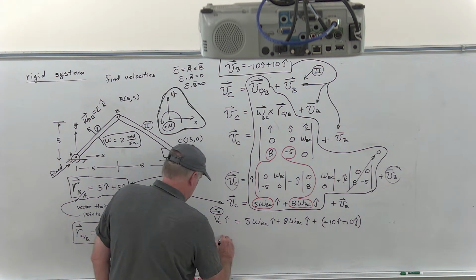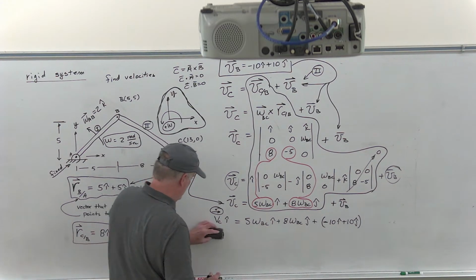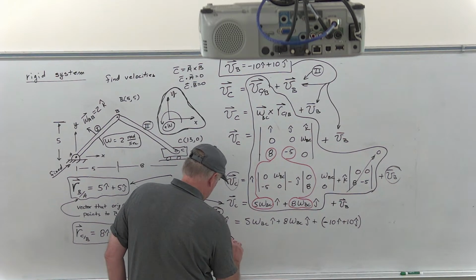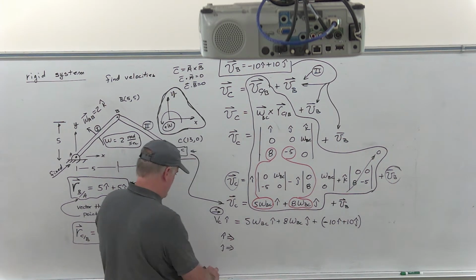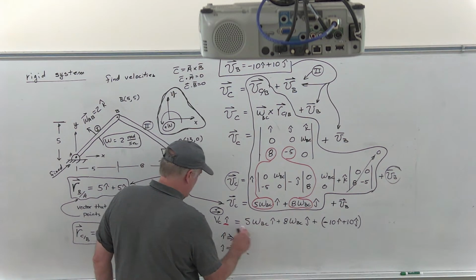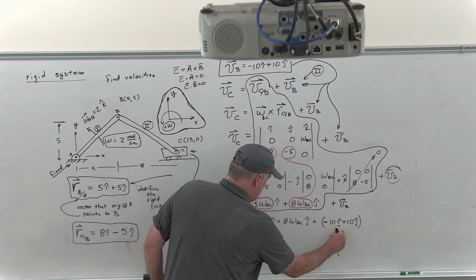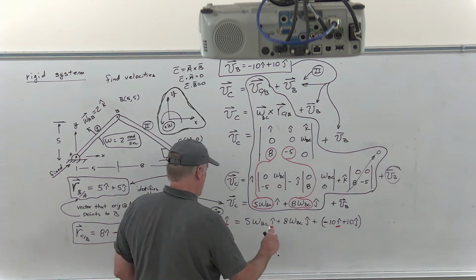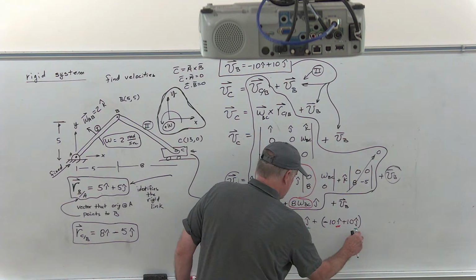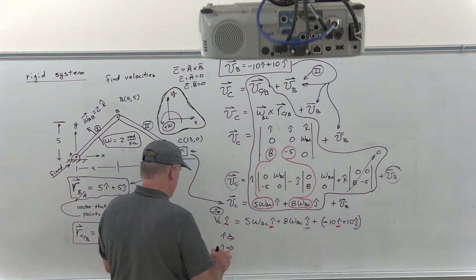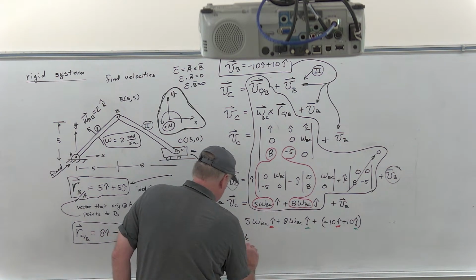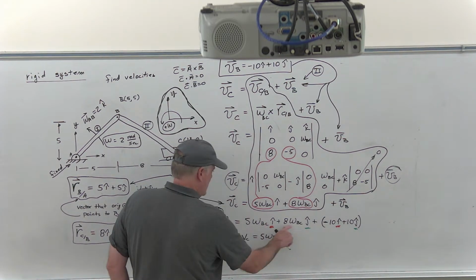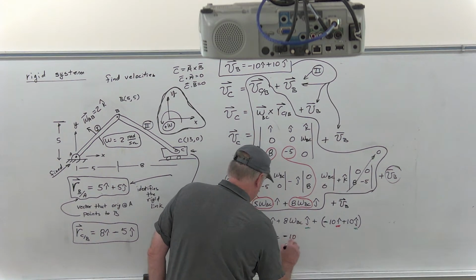And I can break it into its two components. Now I actually have two equations because I have two independent coordinates. I can pull all the coefficients of the I, and then I can turn around and pull all the coefficients of the J. VC equals 5 omega BC minus 10.